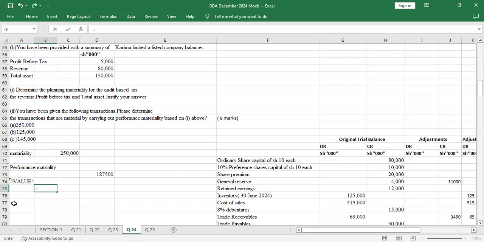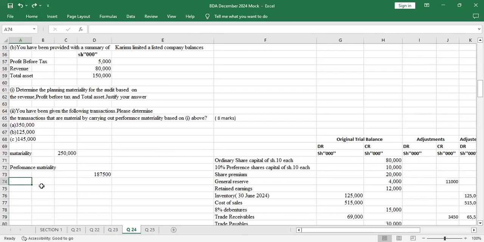Sorry, I don't know why it's giving me a value. Let me just undo that. So we'll have 125,000 plus 145,000. Let me just add it manually. So you have 270,000.